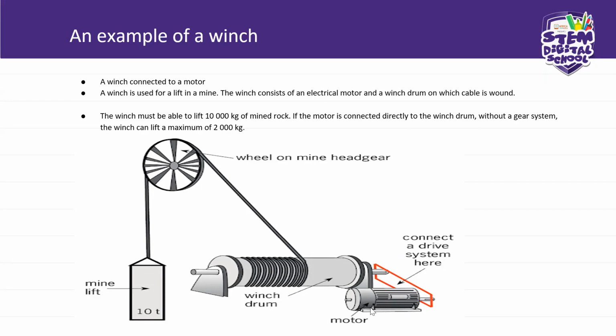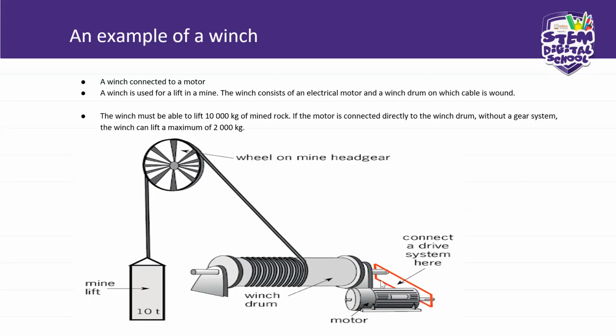All right. Now, this winch can carry 10 tons of load. Okay? 10 tons of load. If the motor is connected directly to the winch drum without a gear, the winch can lift a maximum of 2,000 kilograms.